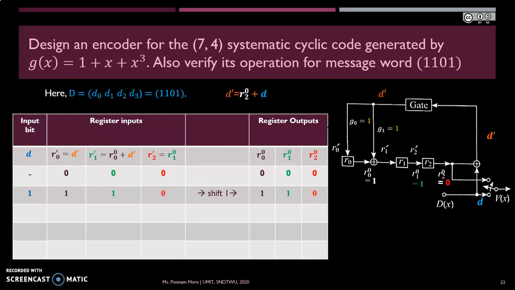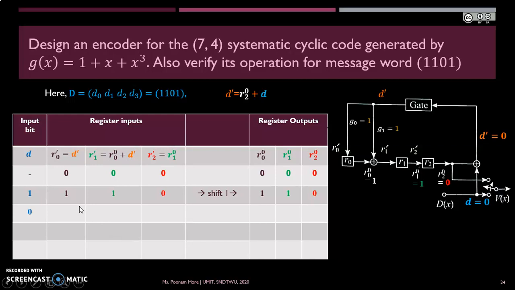The second bit that will be entering is the 0, that is the D2 value. As we are considering D equal to 0, let's find out what is D dash. D dash coming out over here is equal to 0 because the value of R20 as well as D is equal to 0, and therefore by using this equation we get D dash equal to 0.